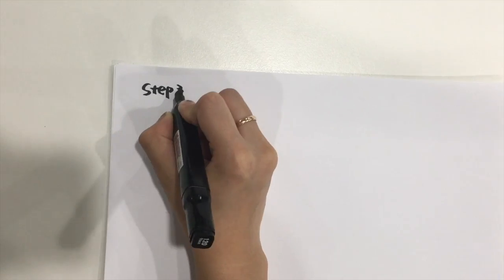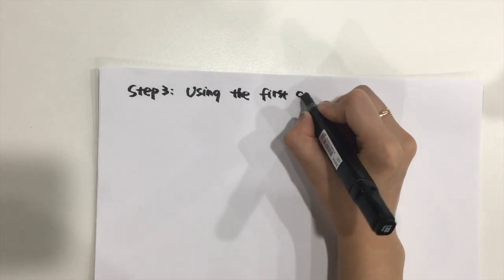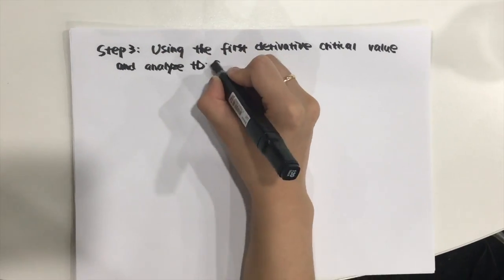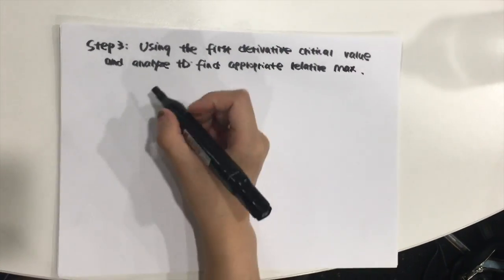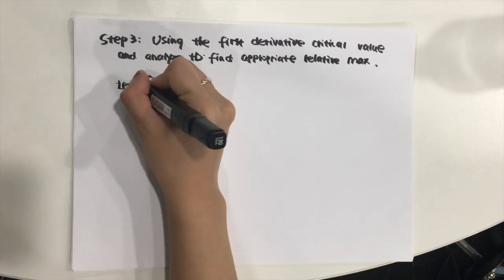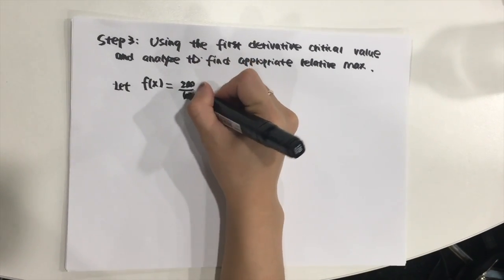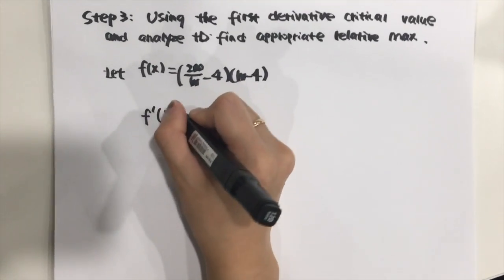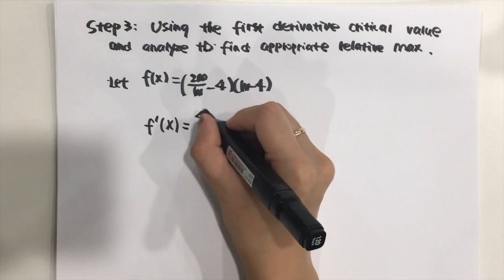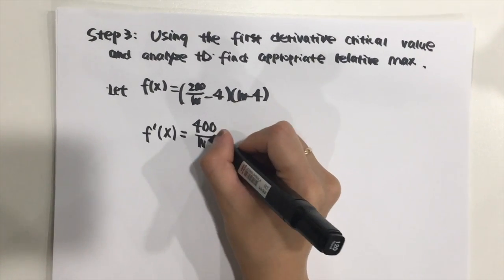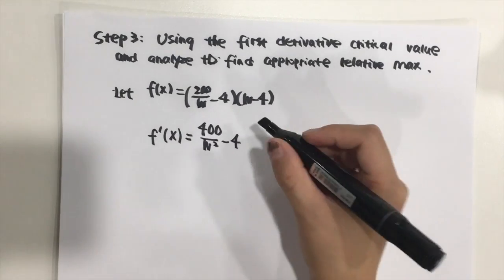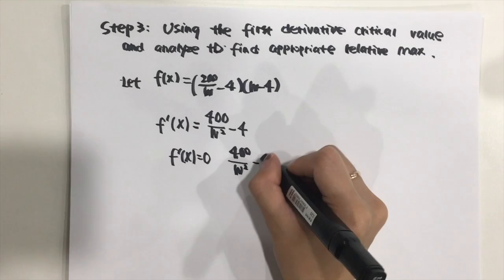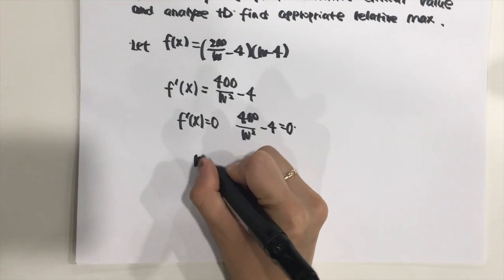Step 3. Using the first derivative, find critical values and analyze to find the appropriate relative max. Firstly, we let f(x) equal to 200 divided by width minus 4 times width minus 2. And then we can get the first derivative function, which is 400 divided by width to the power of 2 minus 4. Because the first derivative is equal to 0, we can get the width value.